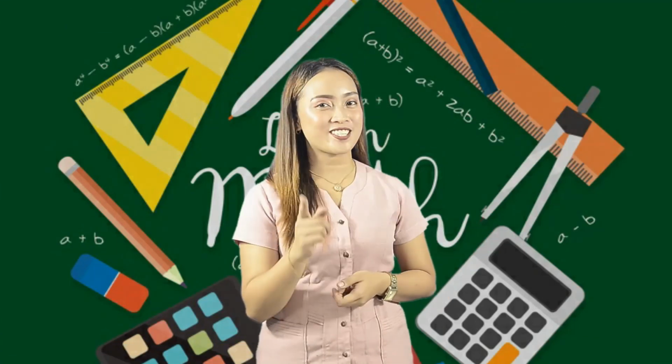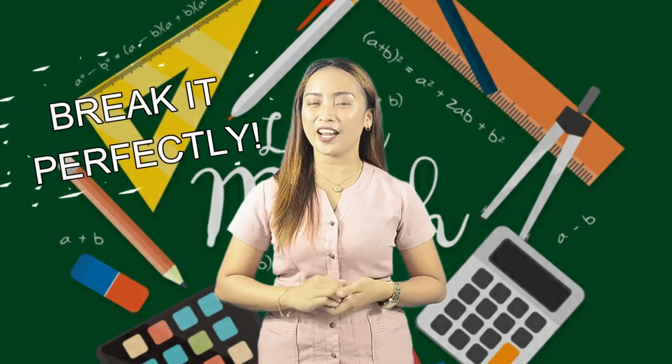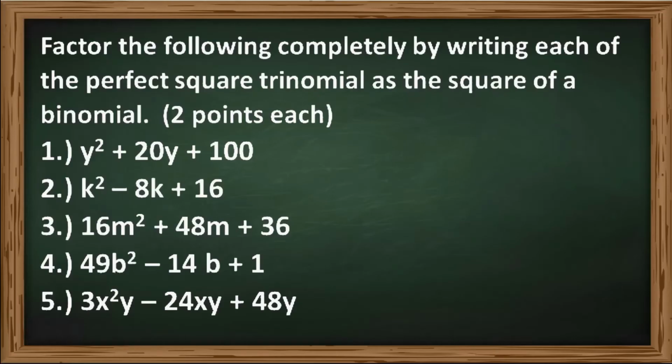Now, it's your turn. Break it perfectly. Factor the following completely. 2 points each. You can start answering now. Number 1, y squared plus 20y plus 100.